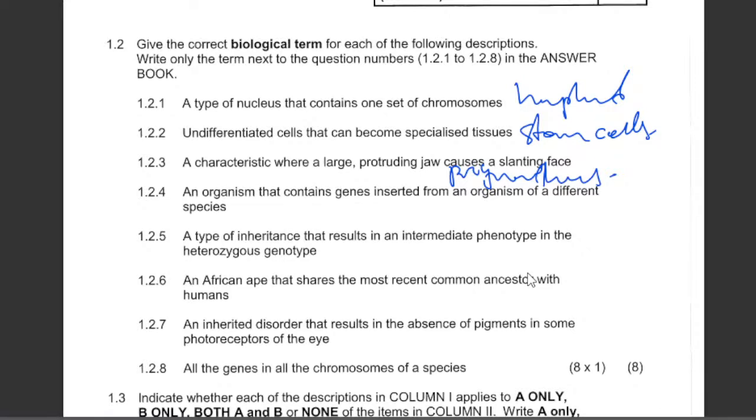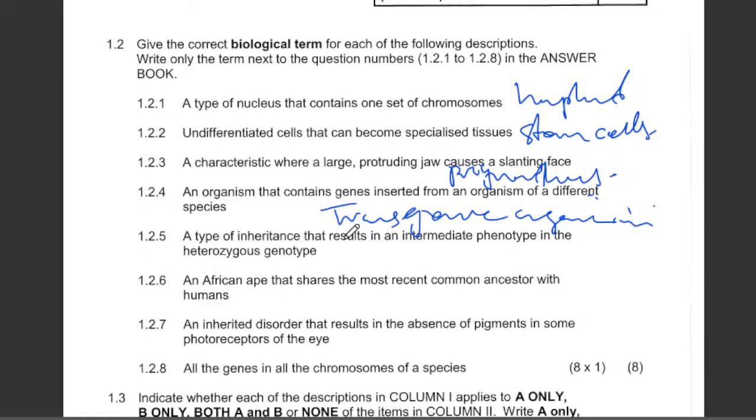It will depend on the marking guideline, but scientifically it is called a transgenic organism. Yes, transgenic, because you have transferred one gene to the next. So maybe there will be another option for those people who have not written.